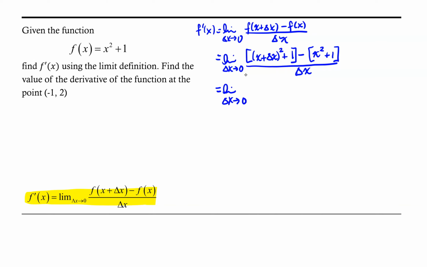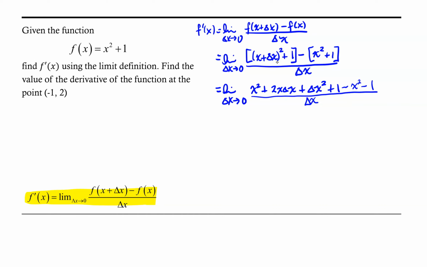If I use the distributive property on (x plus delta x) squared, I'm going to get x squared plus 2x delta x plus delta x squared plus 1, and then minus my x squared plus 1, so I'm going to have minus x squared minus 1, distributing that minus sign, all over delta x.